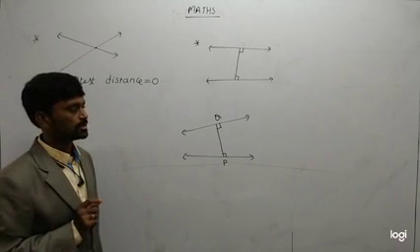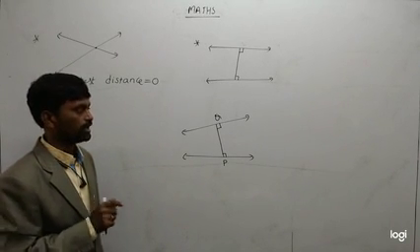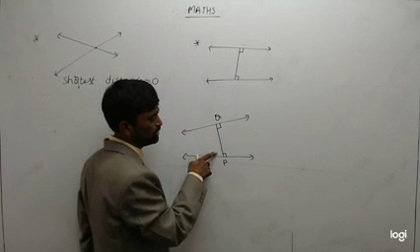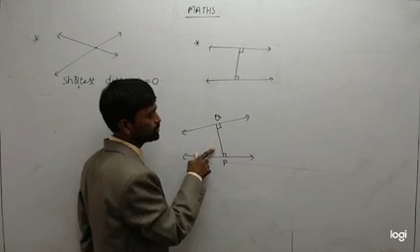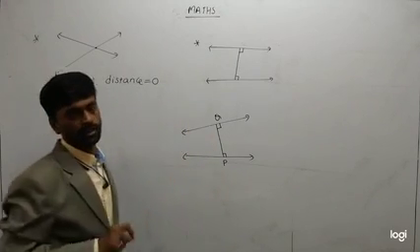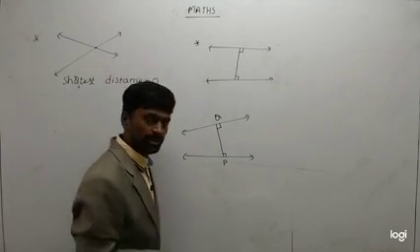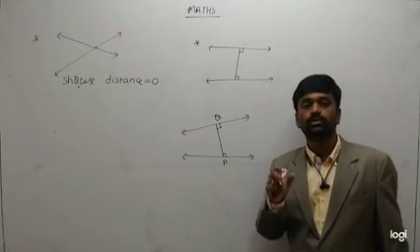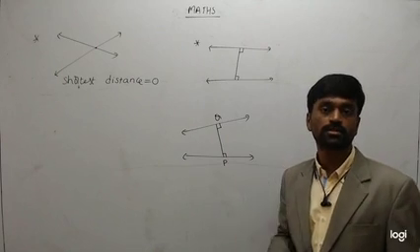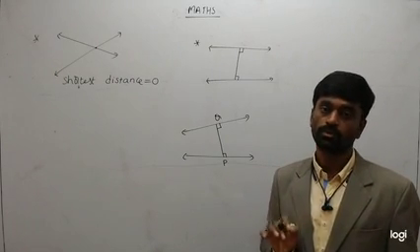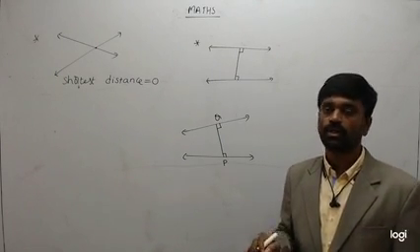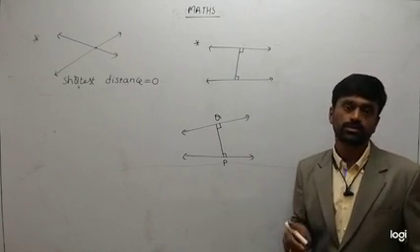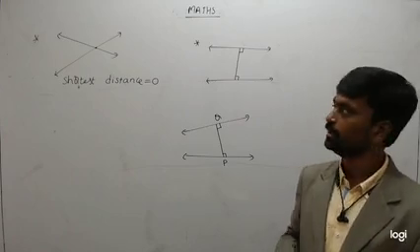Now I am going to derive the formula to find the distance between skew lines. This theorem is also important for PUC, this derivation.